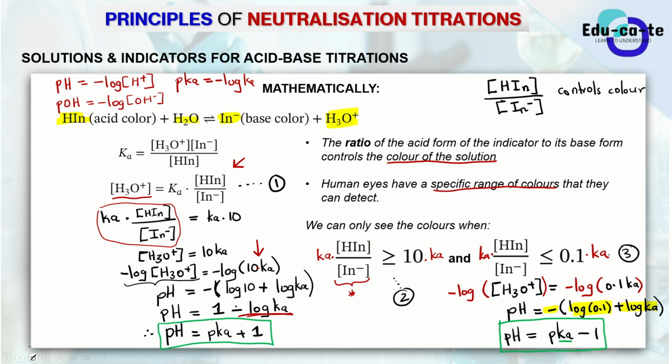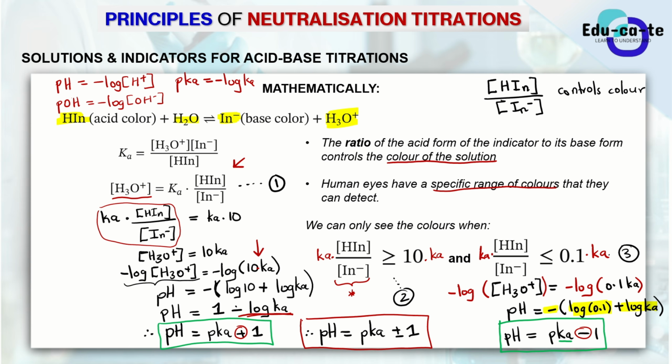So in conclusion, the pH can be written as pKa plus or minus 1, because both expressions have the same terms. It's just that there are two different signs, a plus on one side and a minus on the other side.